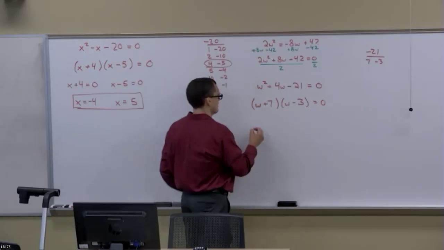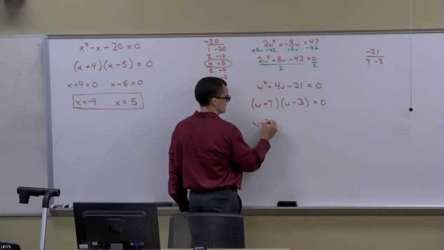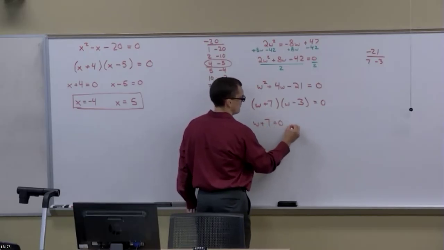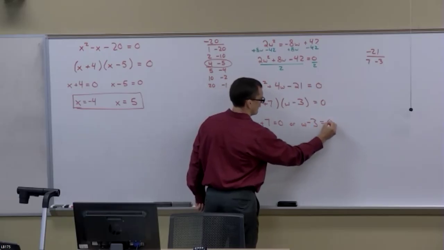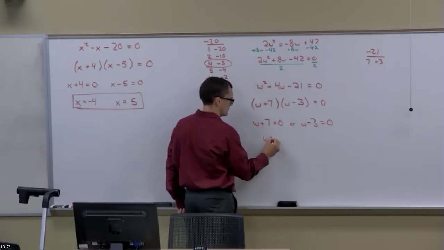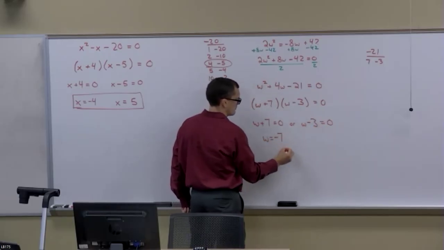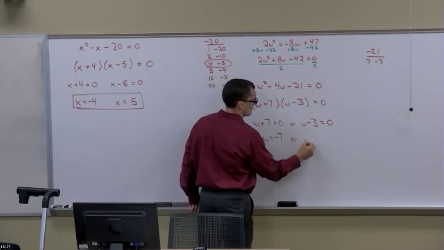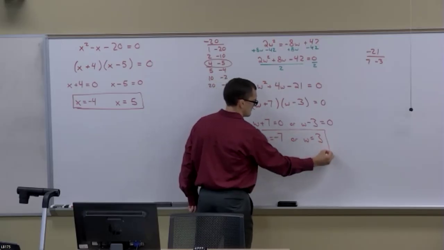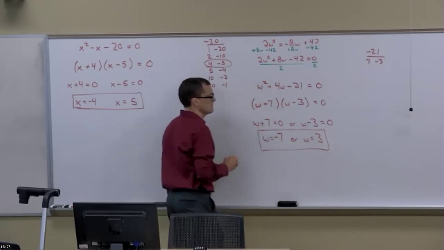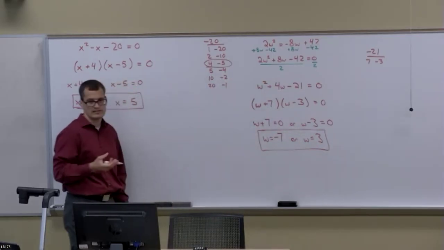So either the w plus 7 is 0 or the w minus 3 is 0. So w is negative 7 or w is equal to a positive 3. Those are the two answers to this quadratic equation.